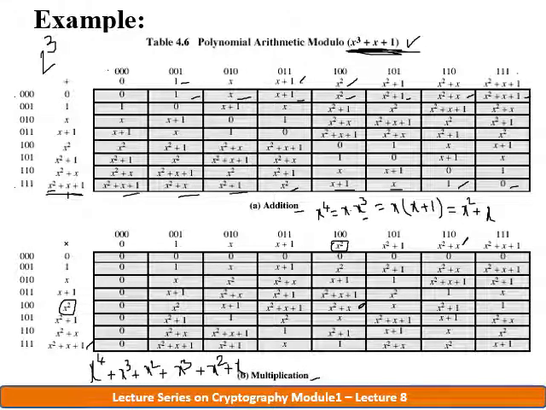Now simplify here. So after doing the XOR, what are you left with now? x cube will be cancelled. x square will be cancelled. And we are left with x4 and x. x4 and x we are left with.